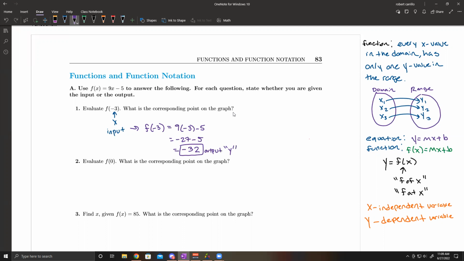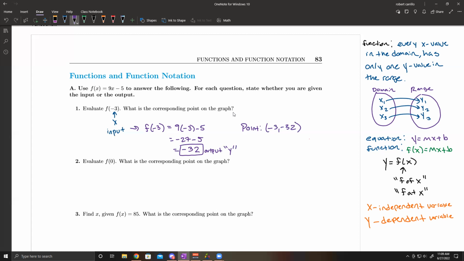The next question is, what is the corresponding point on the graph? Well, at -3, the y value is -32. There we go. So you input, you evaluate, you simplify, and you get your output.